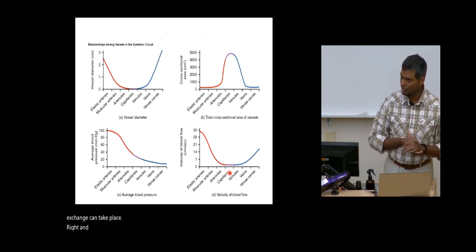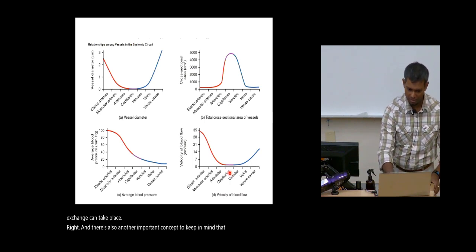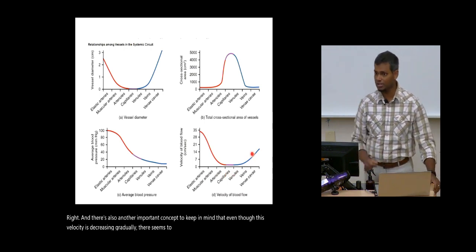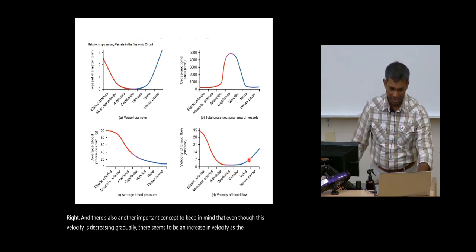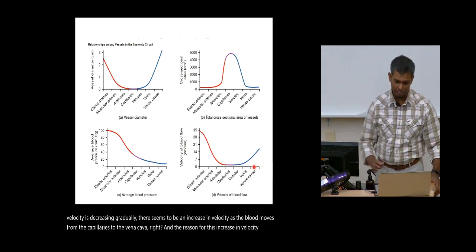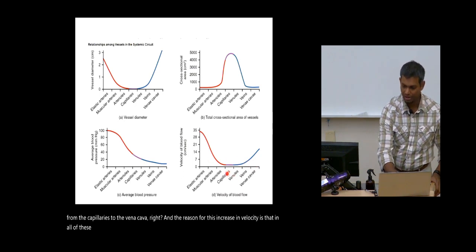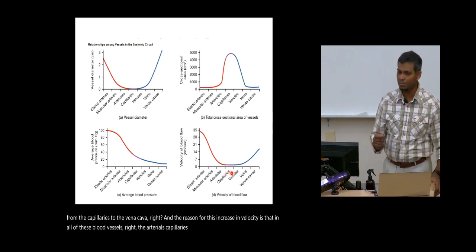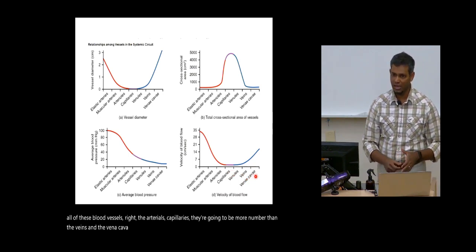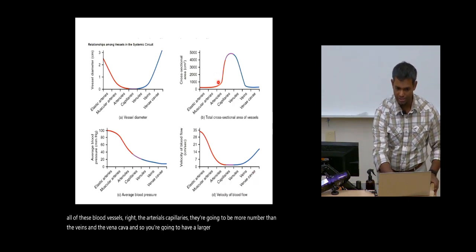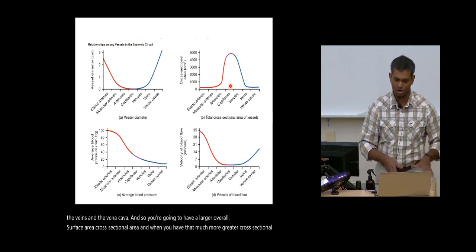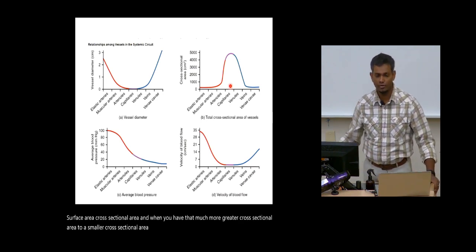There is also another important concept to keep in mind, that even though this velocity is decreasing, there seems to be an increase in velocity as the blood moves from the capillaries to the vena cava. The reason for this increase in velocity is that the arterioles and capillaries are going to be more in number than the veins and the vena cava, and so you're going to have a larger overall cross-sectional area, and when you have blood moving from a greater cross-sectional area to a smaller cross-sectional area, the velocity of flow is going to increase.